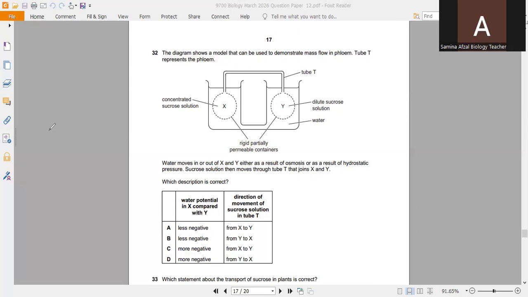So here I'm going with the answer. Container X contains a concentrated sucrose solution. A higher solution concentration means a lower, more negative water potential.